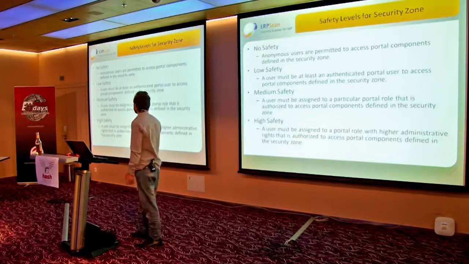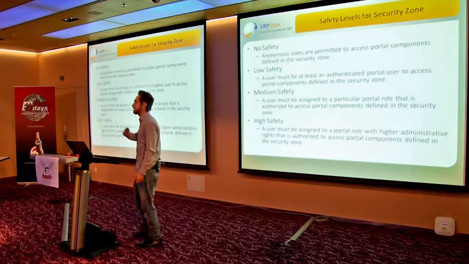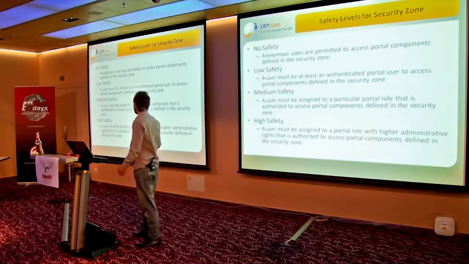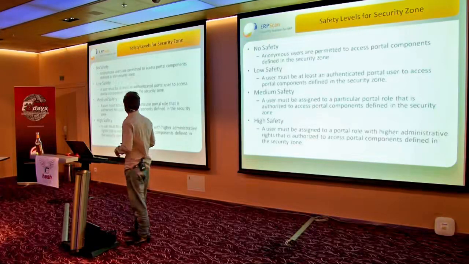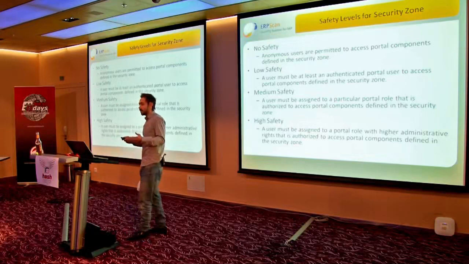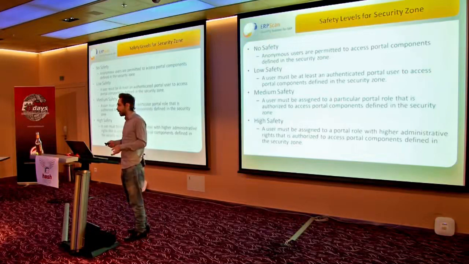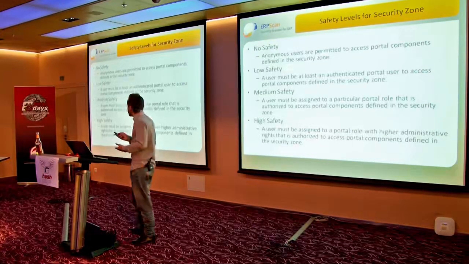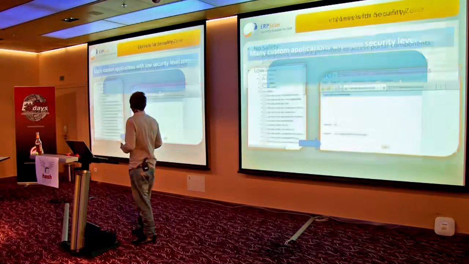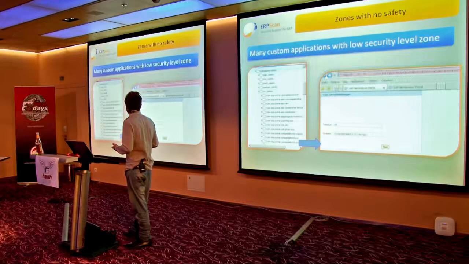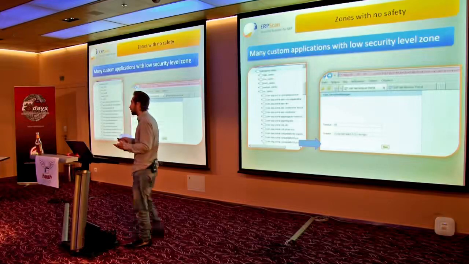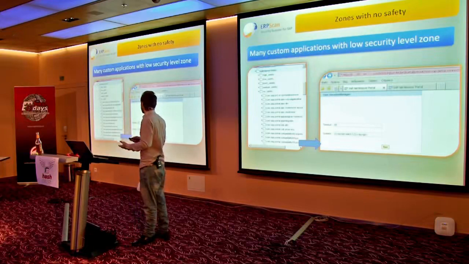The most interesting are no safety and low safety, because no safety means everybody can get access without any rights. Low safety means every user can get access. Medium is some kind of users, and high safety is more restricted. So our idea was to find if there are really iViews that are assigned to no safety and low safety. And during many tests we found that it really exists in corporate installations.